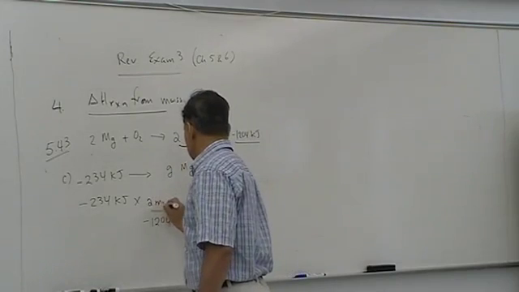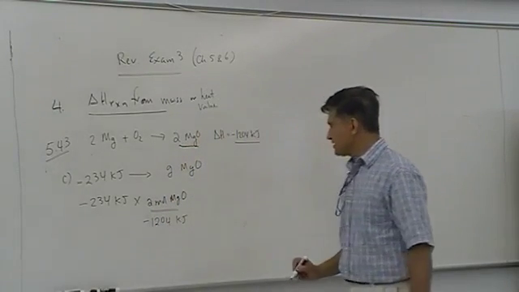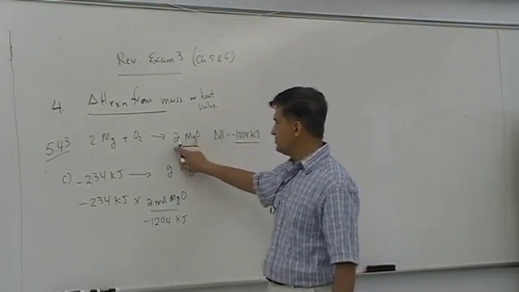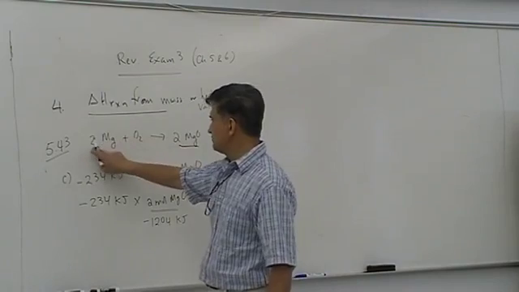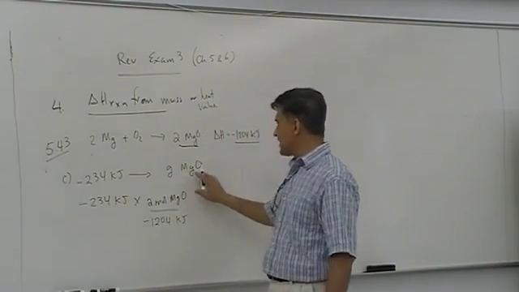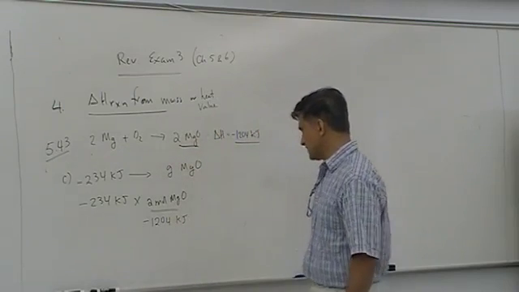So let me make it clear: this amount of energy goes with 2 moles of MgO, 1 mole of oxygen, and 2 moles of magnesium. It's just that in this problem they're asking about MgO, that's why I'm writing MgO on top.